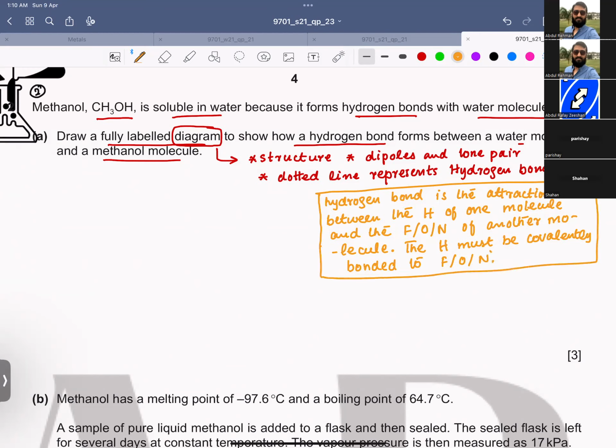So this is the thing that you need to keep in your mind while drawing a diagram to show the hydrogen bond.